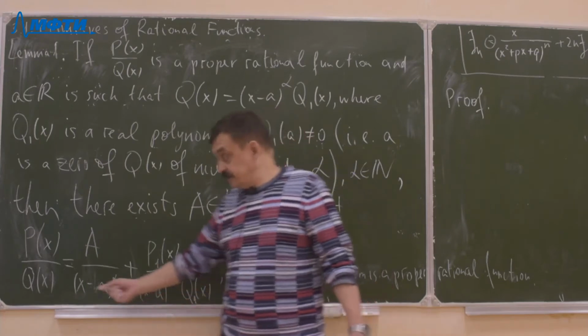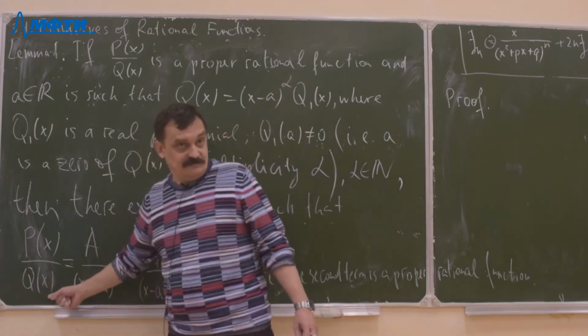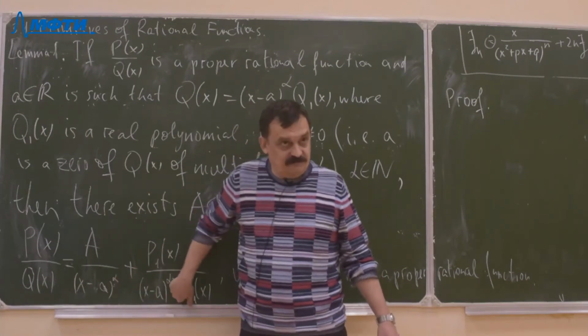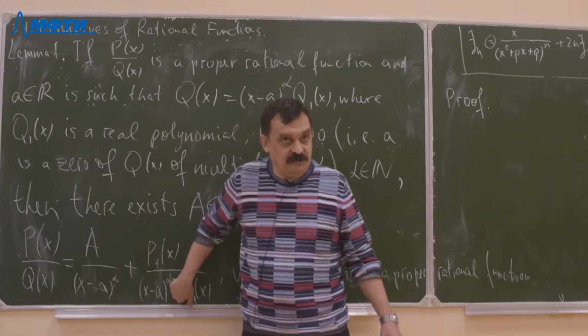And it gives precisely q of x. So q of x is the common denominator for those two denominators, right?